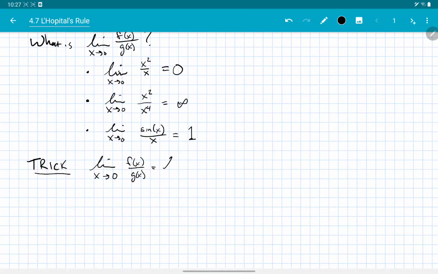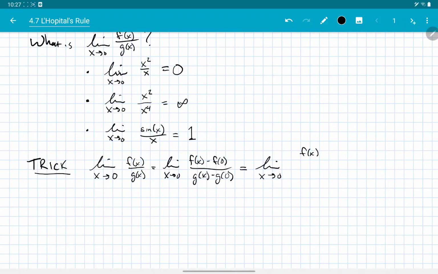So this is the same as the limit as x goes to 0 of f of x minus f of 0 divided by g of x minus g at 0. Okay, nothing has been done here because f and g are both 0 at 0. Now we take another strange departure.